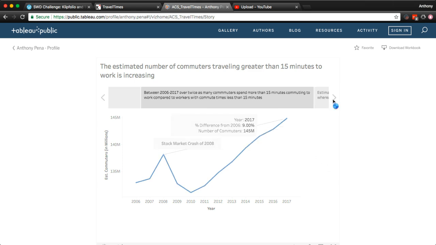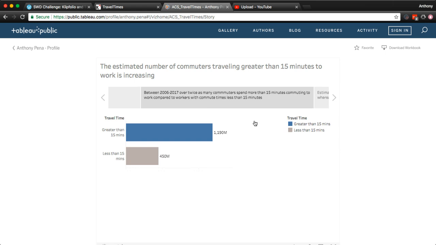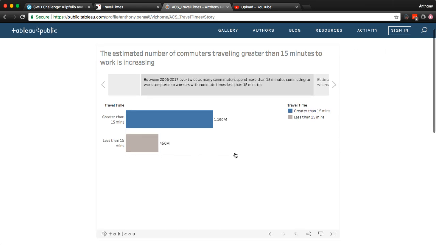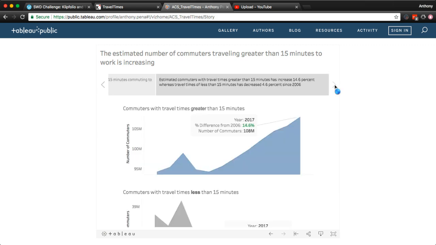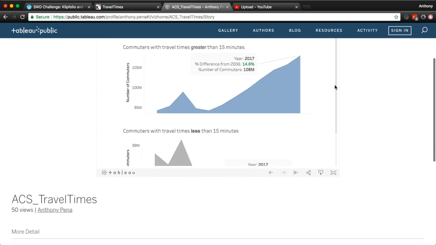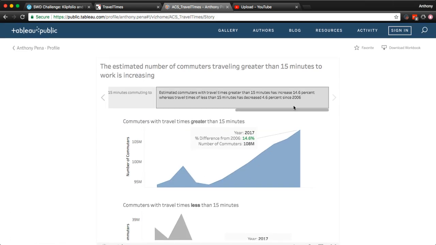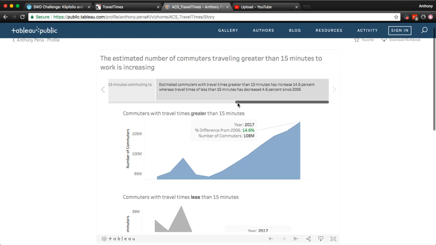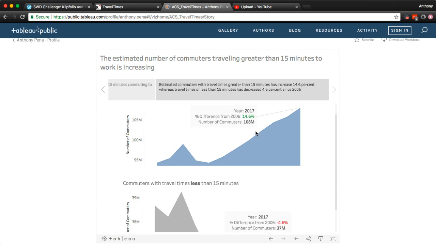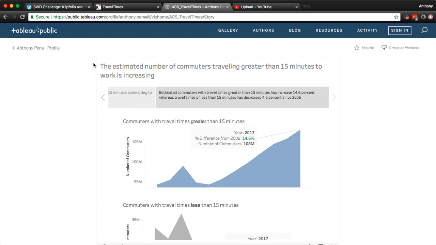And then we can just tab over and look at the next chart with some description up above, and then looking at the breakdown here. And so it's sort of taking that same dashboard and breaking it up into easier to digest pieces that have a very specific message around it, or sort of sub-message that contributes to the overall point that the estimated number of commuters traveling greater than 15 minutes to work is increasing.